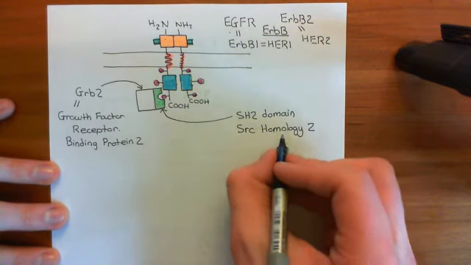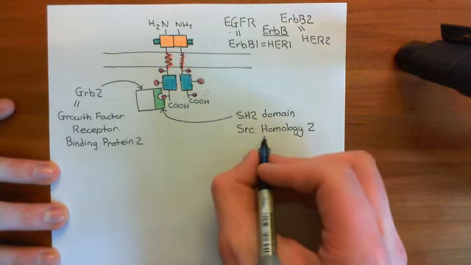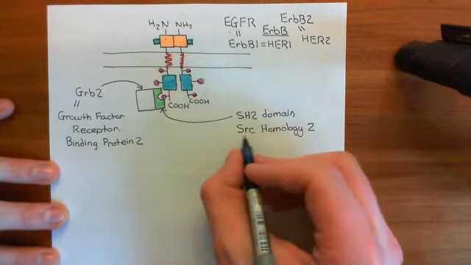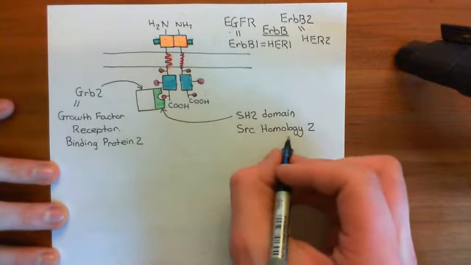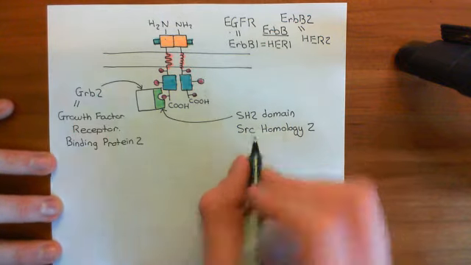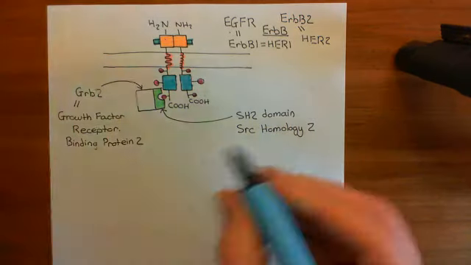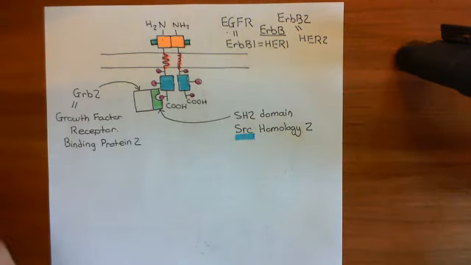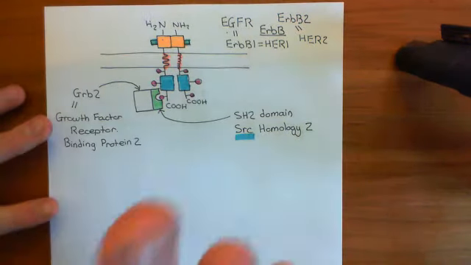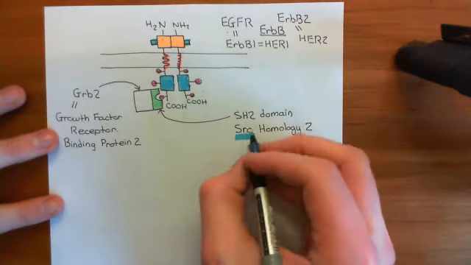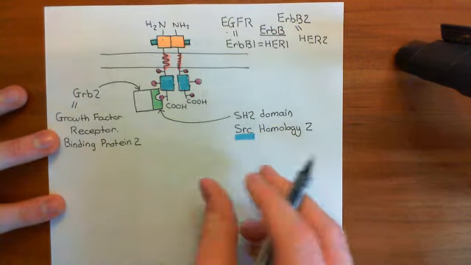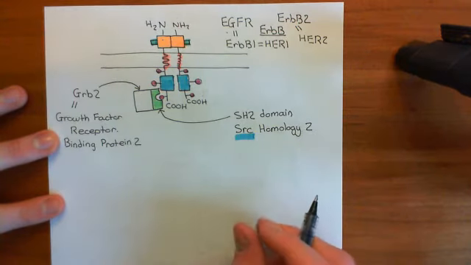And the reason it's called that is it's a domain that's found in all sorts of different proteins. So all over the place in molecular biology you find Src homology domains. They were originally found in a protein that we will actually come across later called Src, which is not a receptor tyrosine kinase, it's just a tyrosine kinase, one of these tyrosine kinase enzymes that's free within the cytoplasm.